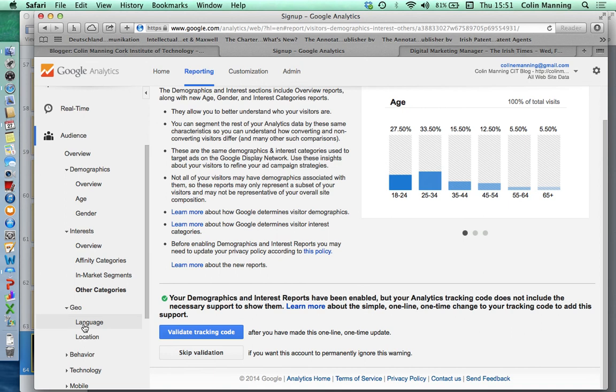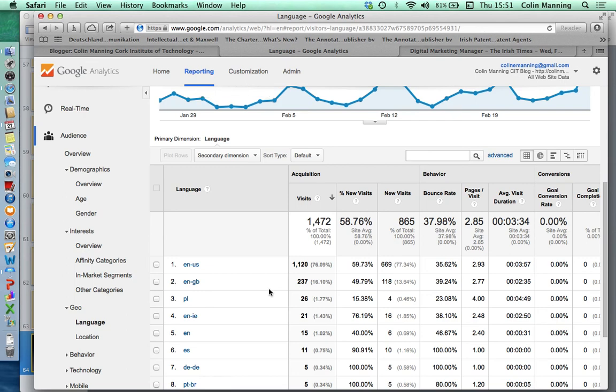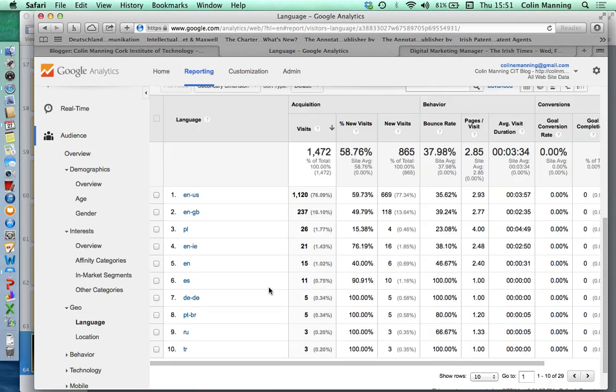Language information. Again, if I'm one website for all of Europe, it's useful for me to know what language preferences people have. The vast bulk of my visitors' browsers are set to US English, which probably suggests that the browsers in the labs in CIT are set to US English instead of UK English.